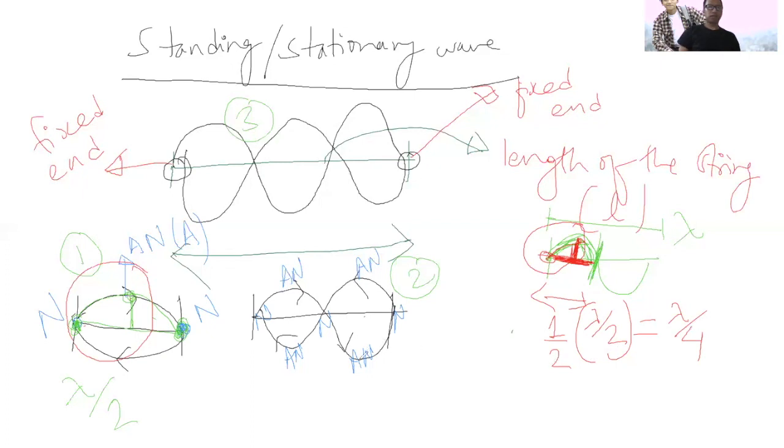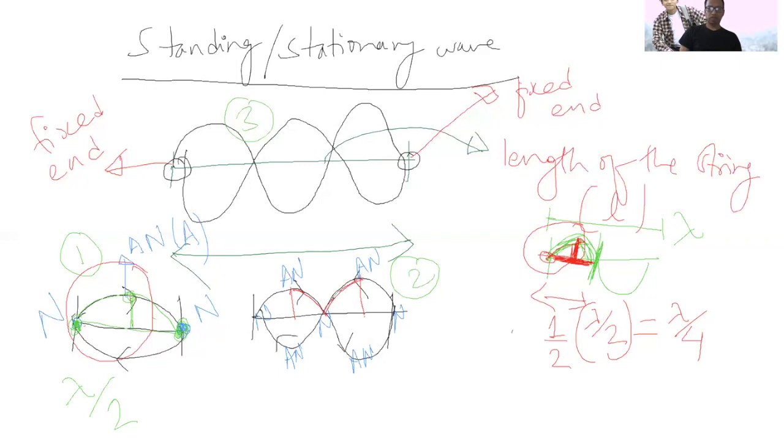So what does it mean? It means the distance between a node and a consecutive antinode is lambda over 4, while the distance between two consecutive nodes is lambda over 2. If I take the distance between two consecutive antinodes, this is again lambda over 2, because this is an antinode and this is the consecutive antinode in the other segment of the same standing wave. So this part is lambda over 4, and this part is lambda over 4.